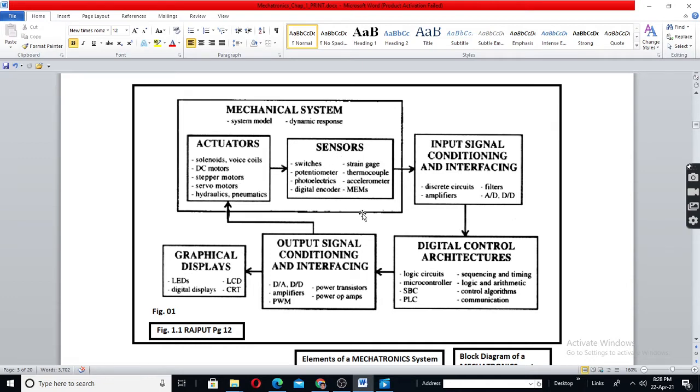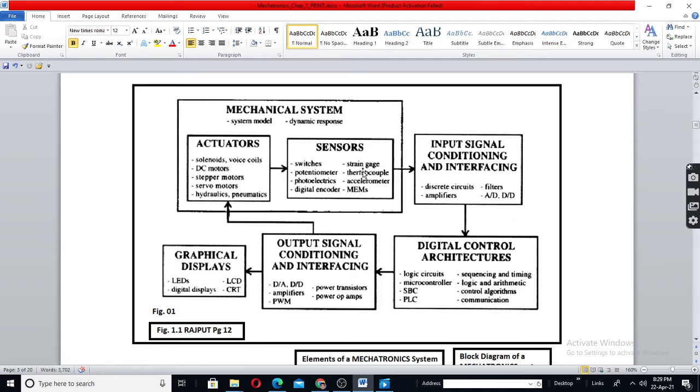But in advanced, that is third or fourth level mechatronic system, you have all these components. So this is the actuator, and to the actuator, sensor will be there. These are called the physical environment where the work is being done and the same work is being sensed, and that sensor output now will have to be given to the control circuit or control system or control technique.